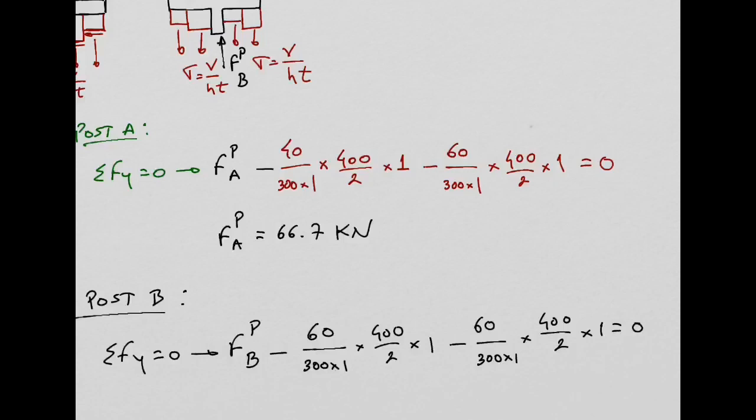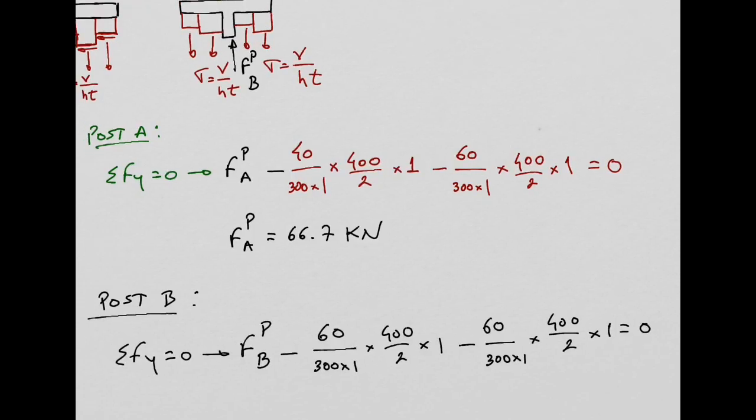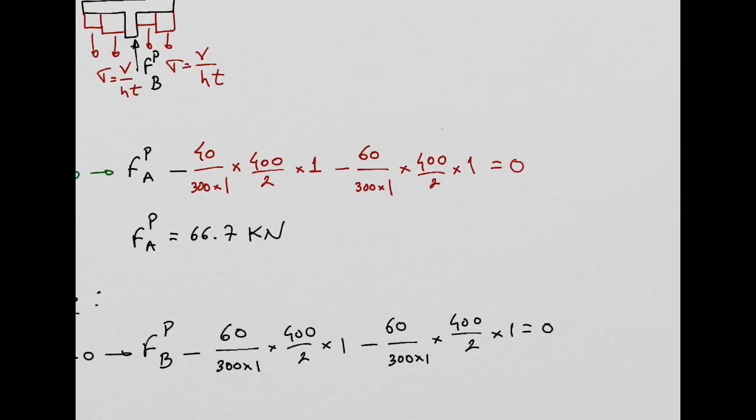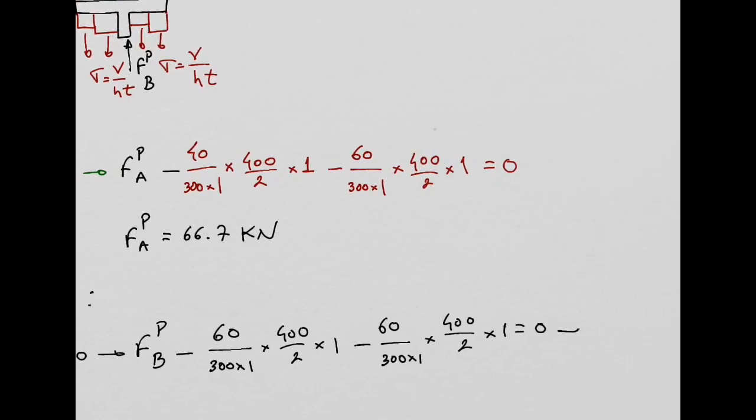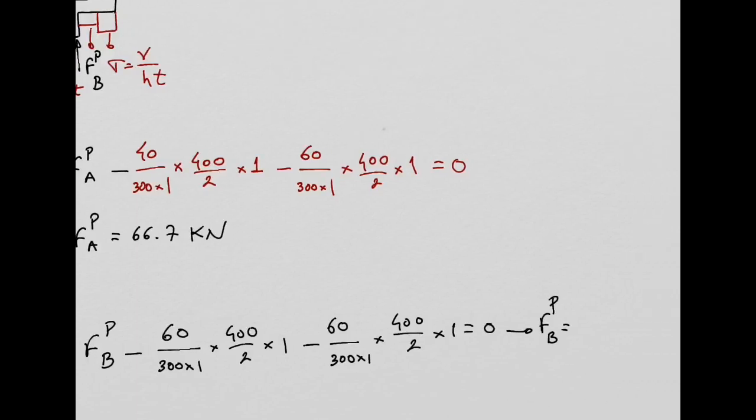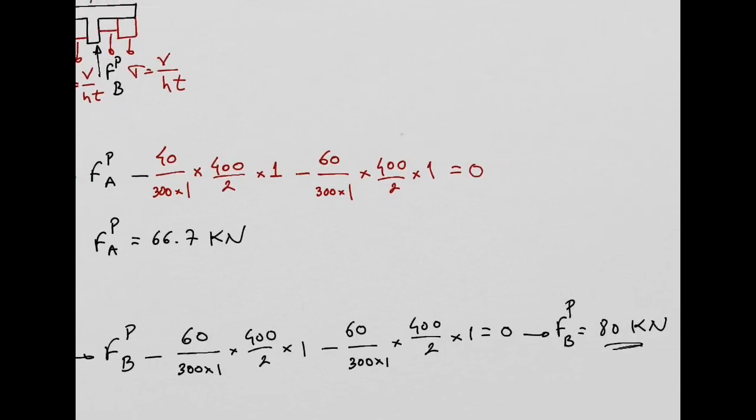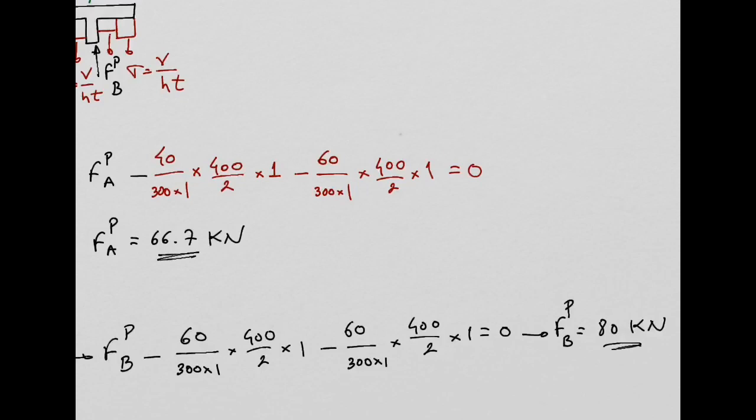So it's exactly the same as what we did for post A. So post B is going to be more overloaded than post A. The result I have there is 80 kilonewtons for post B, and 66.7 kilonewtons for the force at post A.